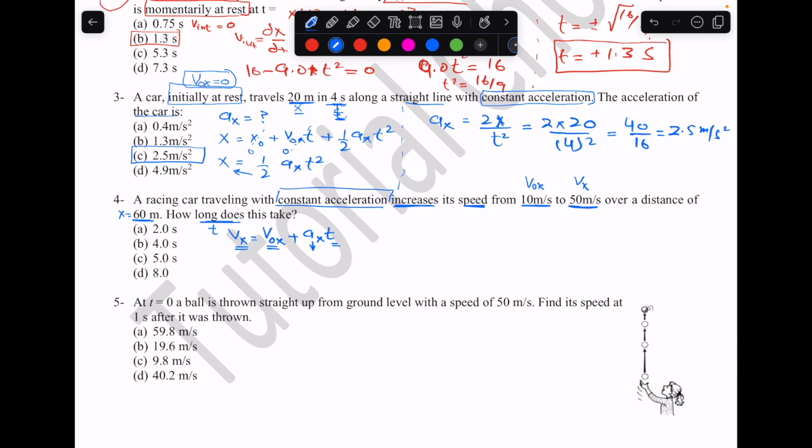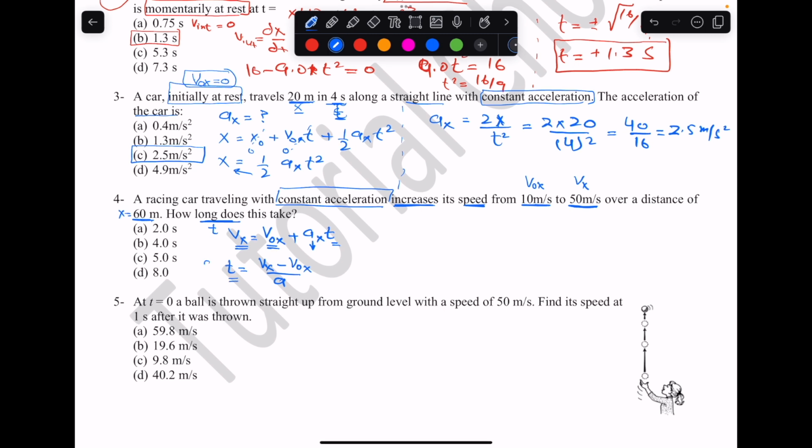So t from this equation will be vx minus v naught of x divided by a. So if we find t, then we can use this equation to find the value of this.